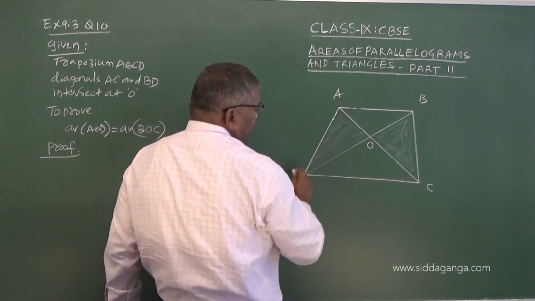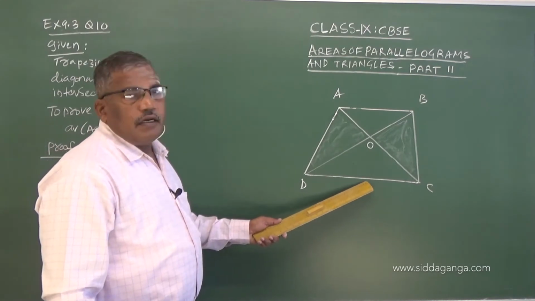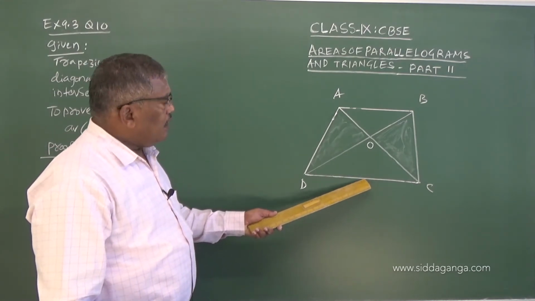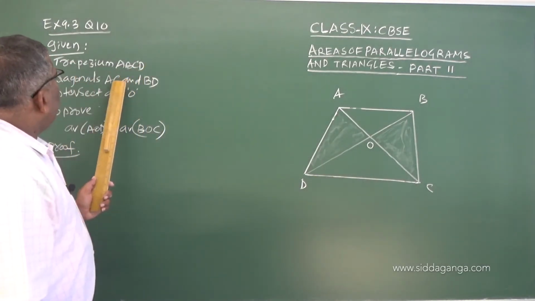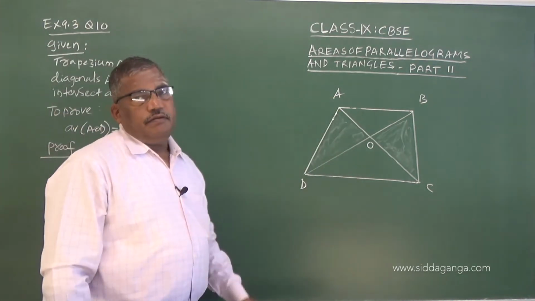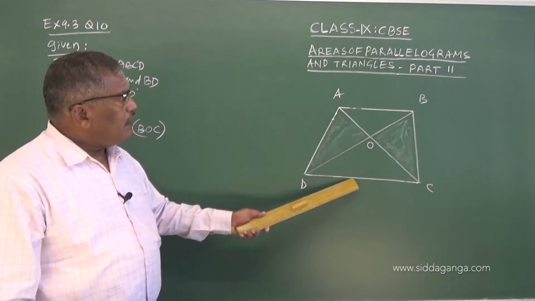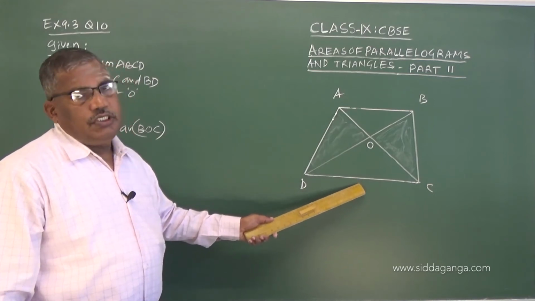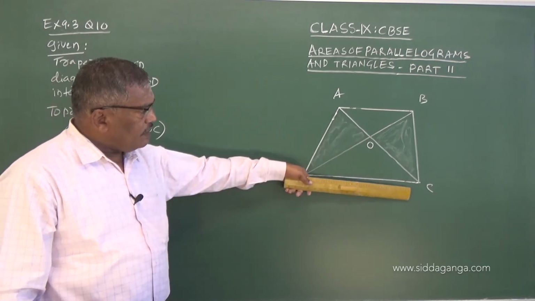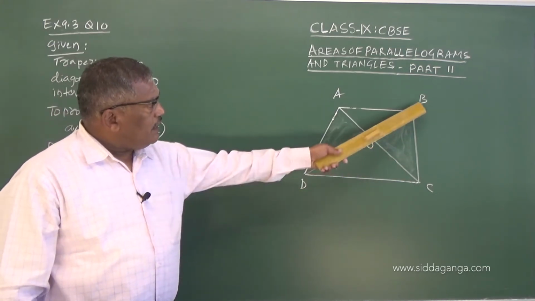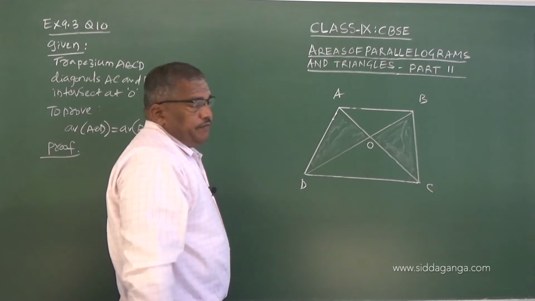These two triangles ADC and BDC are resting on common base DC, and it is a trapezium with AB parallel to DC. Because it is a trapezium, one pair of opposite sides are parallel. In this case, AB is parallel to DC. So between two parallels and a common base, two triangles ADC and BDC, therefore these two bigger triangles are equal.